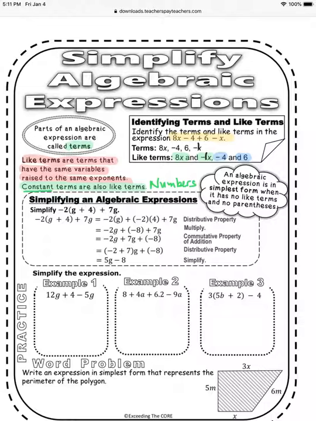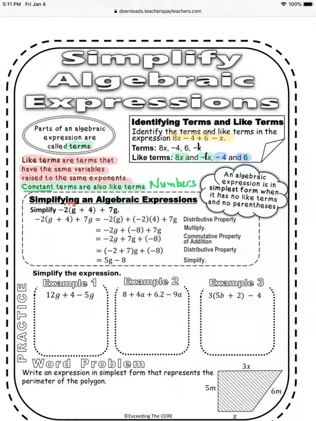If we look at the first example, simplifying an algebraic expression, the one that is done for us, notice they have a negative 2, and then next to the negative 2 they have parentheses, and they have something inside the parentheses. What you need to do here is take the negative 2 and multiply it by everything you see inside the parentheses.